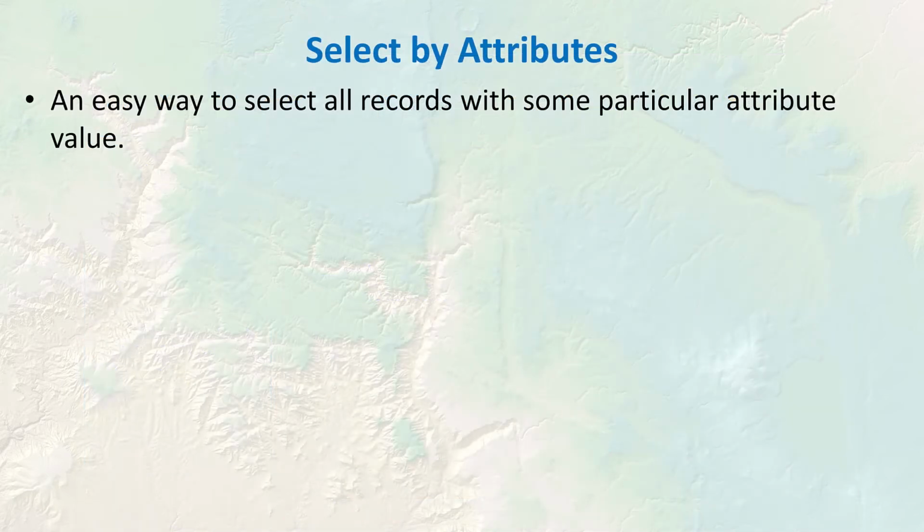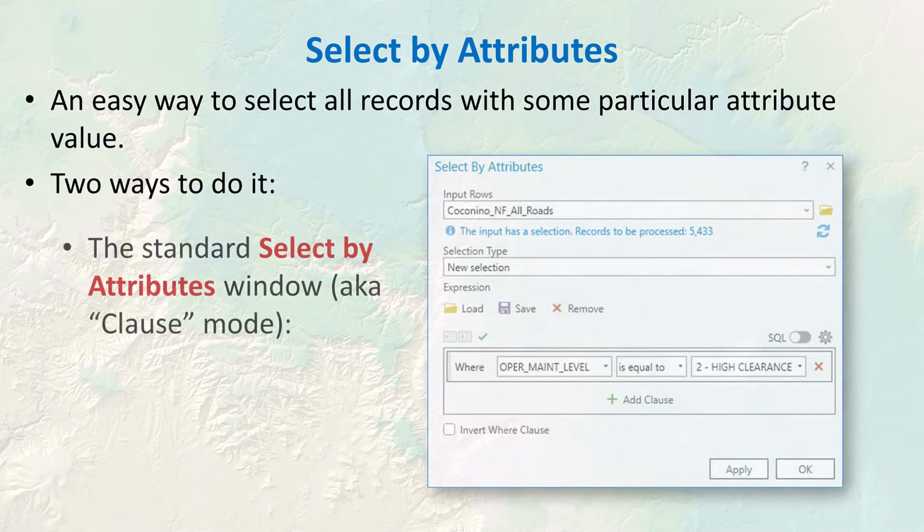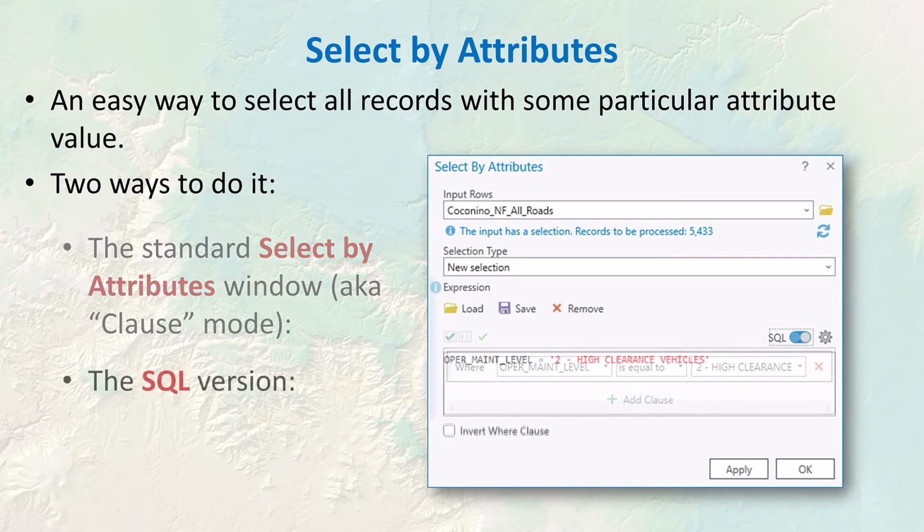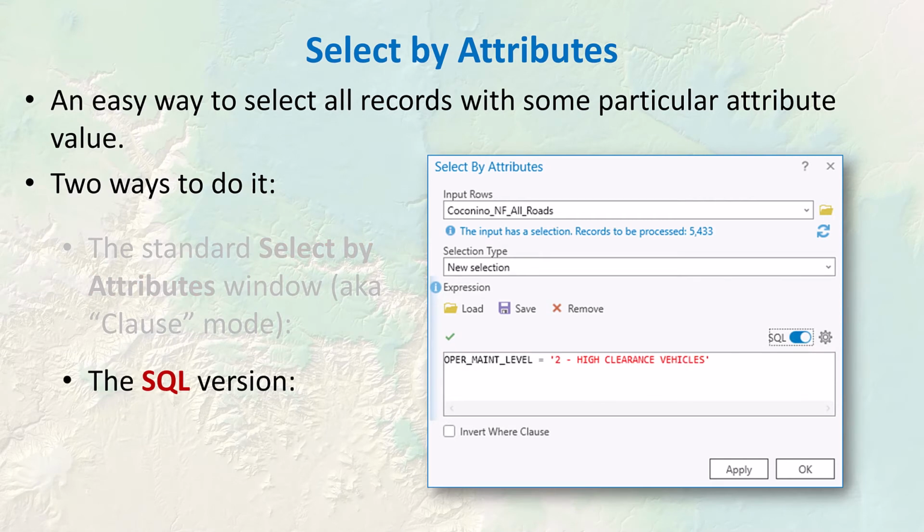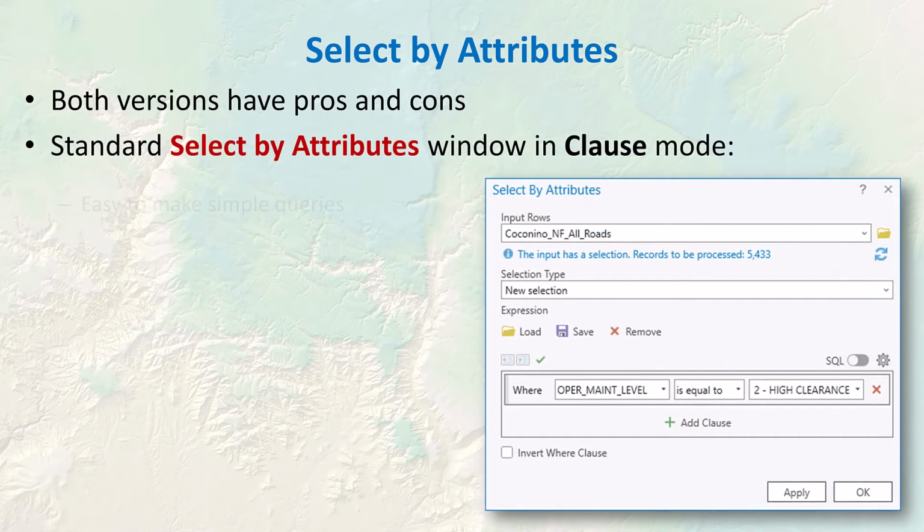Anyway, moving on, selecting by attributes. This particular tool makes it easy to select features based on attribute values, and there are 2 ways to use the tool. The simplest way is this one called the clause mode, and the more sophisticated way is the SQL version. Both versions have their pros and cons. The standard version, this clause mode, makes it easy to make simple queries, such as finding all features with some attribute value greater than, equal to, or less than some specific value.